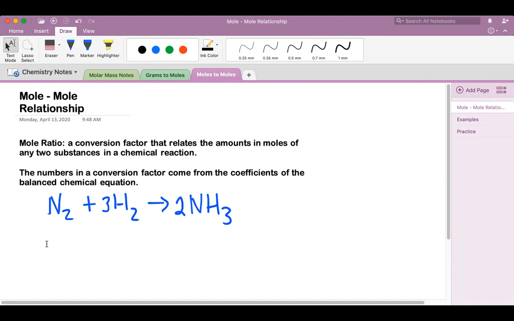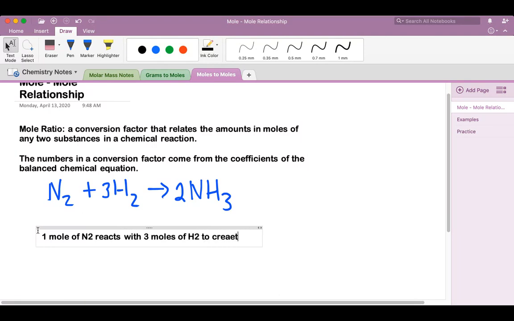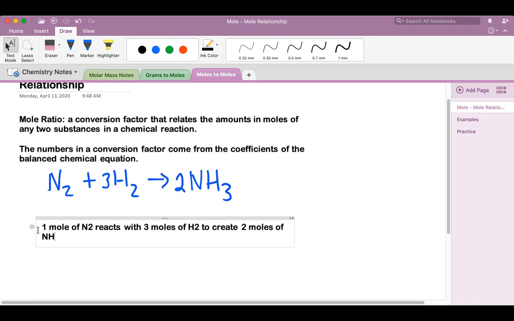So what this is saying is that a mole of N2, or nitrogen, reacts with 3 moles of hydrogen to create 2 moles of ammonia, NH3. And that's what we're going to be using for our mole ratios. 1 mole of N2, 3 moles of H2, 2 moles of NH3.